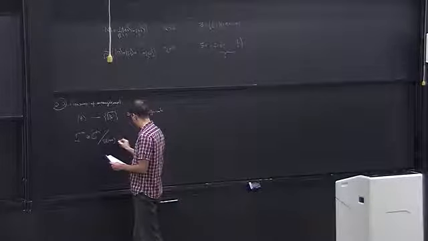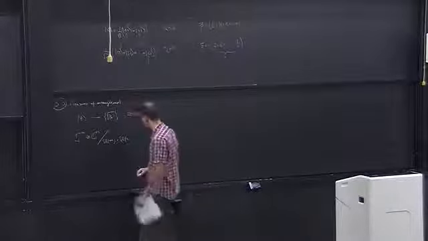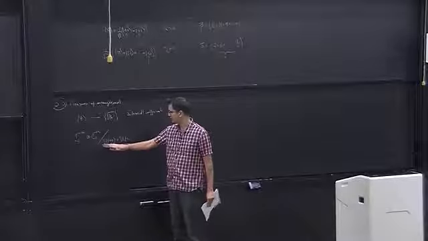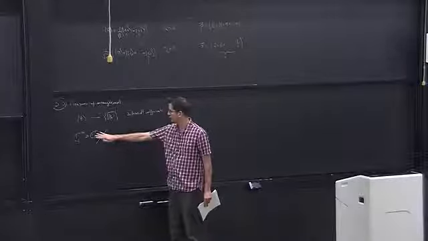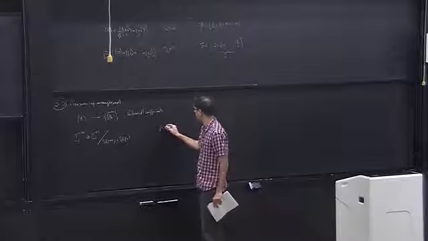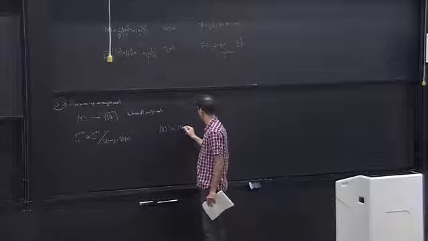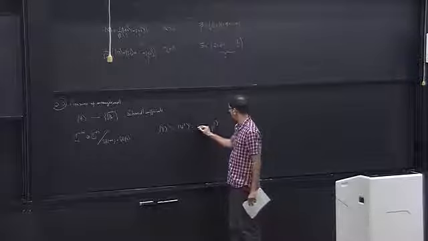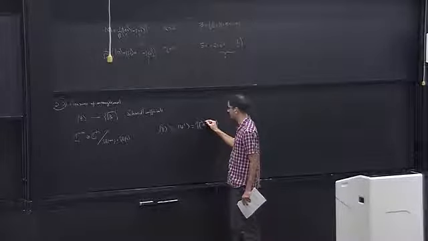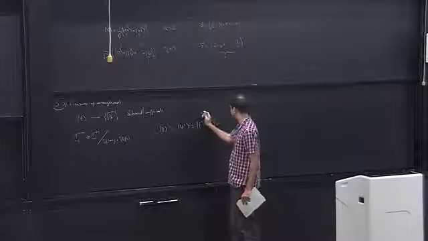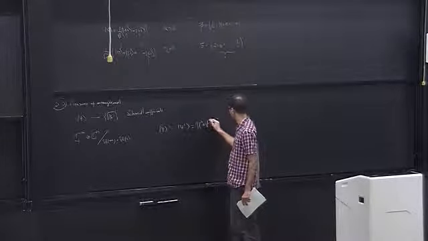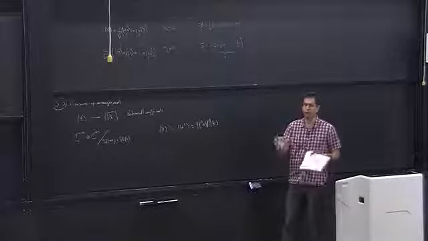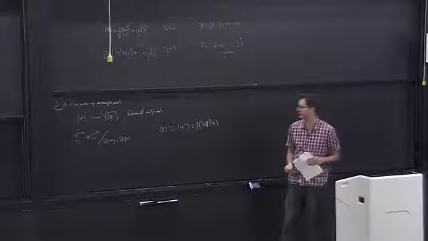We're going to identify any two states that are related by changes of bases in part A and part B. A change of basis corresponds to a unitary transformation on part A and another on part B. So we say psi is equivalent to psi prime if psi prime can be written as acting with a unitary on part A times some unitary on part B. Okay, we say that these two states have the same amount of entanglement if we can relate them by just changing bases on part A and part B independently.